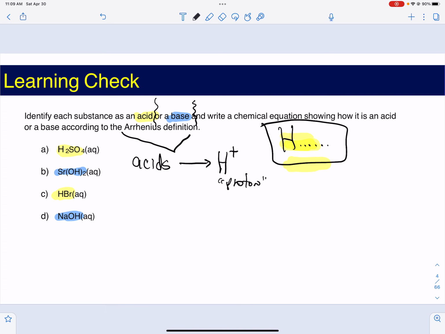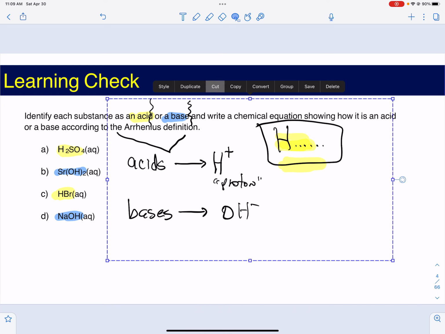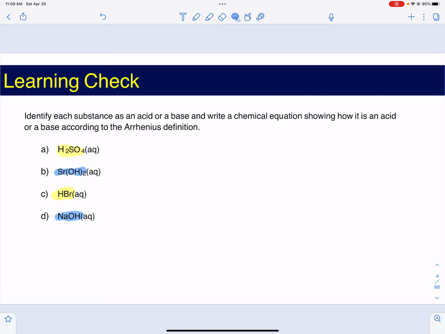So also, according to the Arrhenius definition, bases produce hydroxide. So that's the Arrhenius definition. Acids produce protons, bases produce hydroxide. So let's go ahead and write the equation for the acid or the base according to the Arrhenius definition.